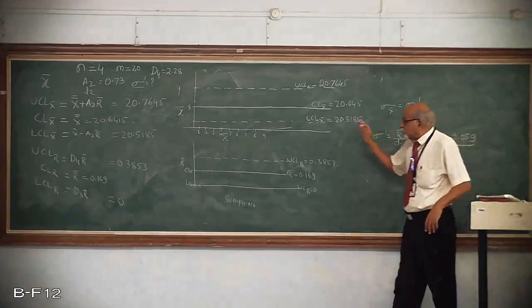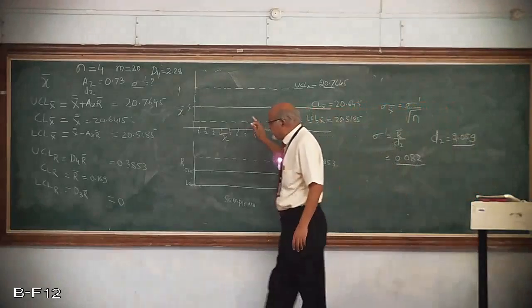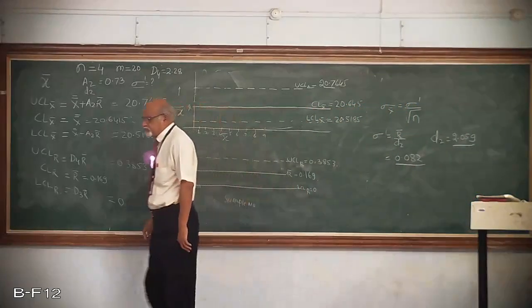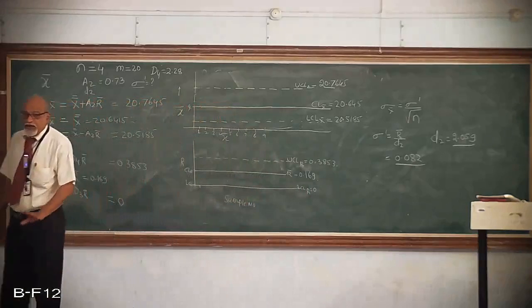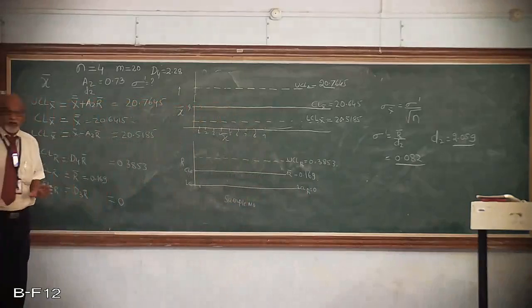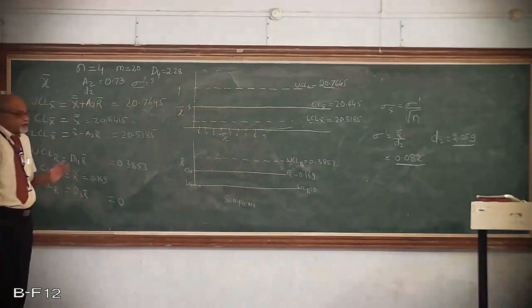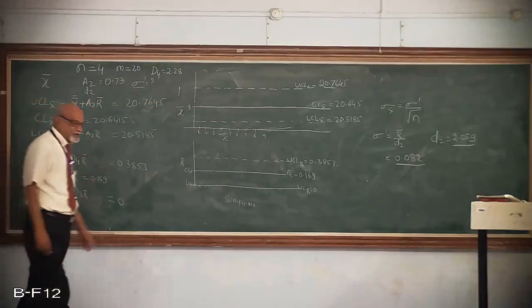Now, I was talking about this X bar chart and R chart. And I told you I am going to bring in some new terminologies in this statistical quality control, or sometimes it is called statistical process control.